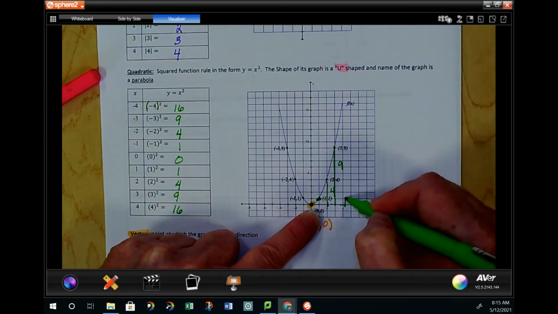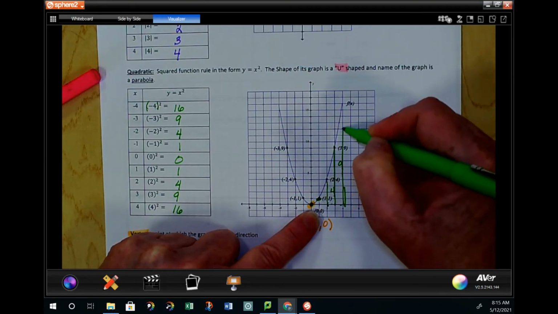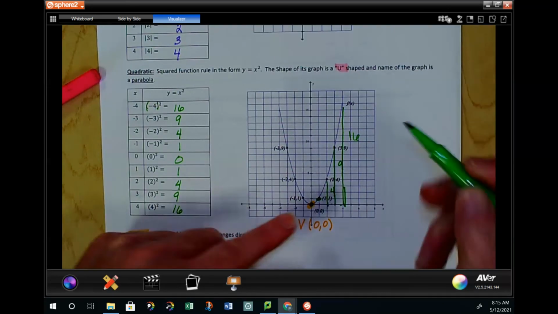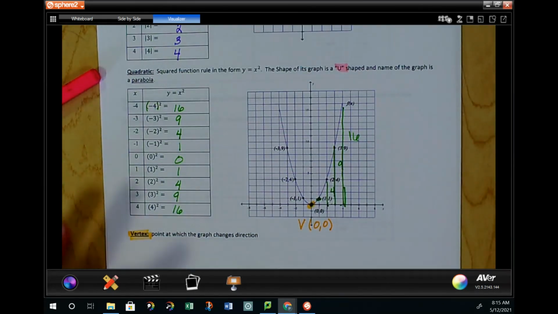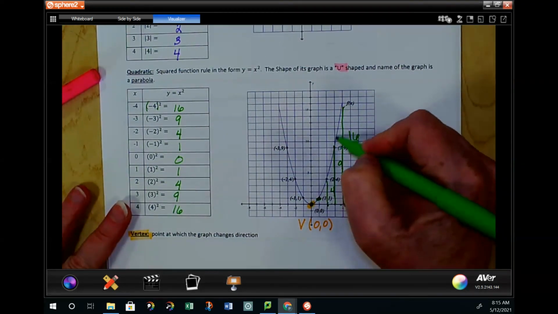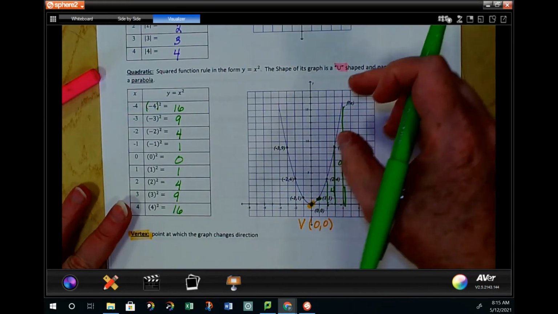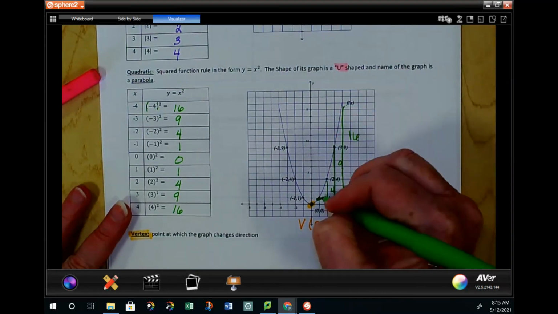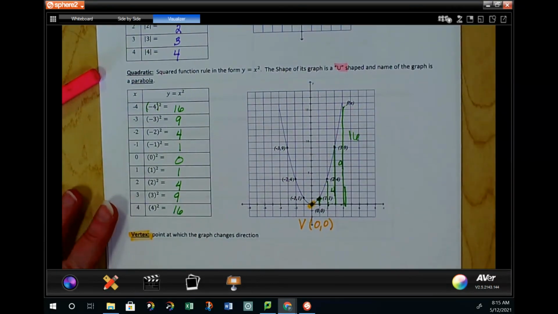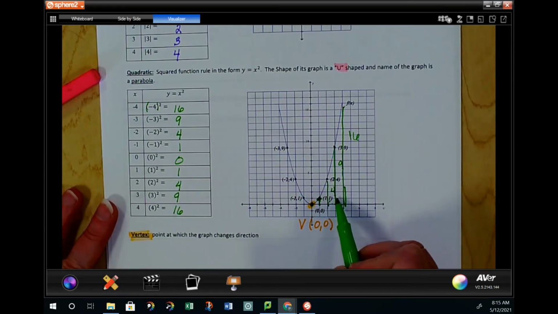When I go over to the right 4, I go up 16. So there's a big gap between these, because it's changing bigger and bigger. It's not by the same amount. So this one is 4, this one is 9, this one is 16.